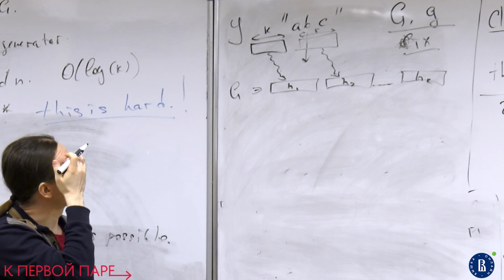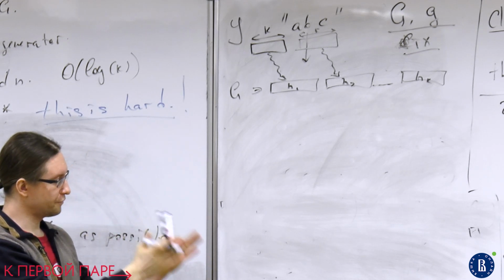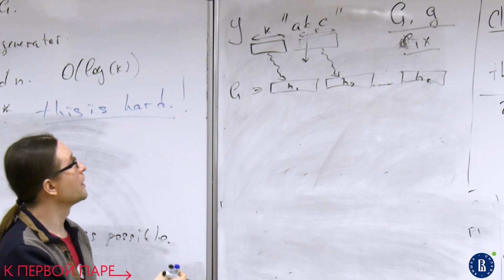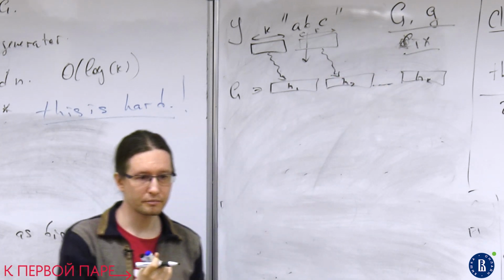So you just encode strings of fixed length by elements of the group G.